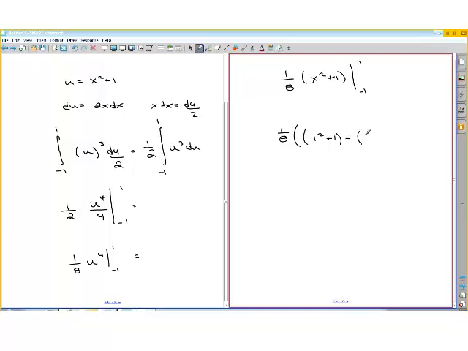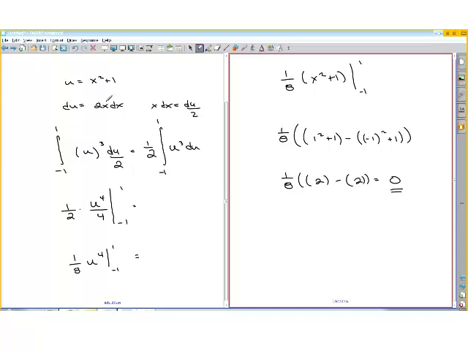And then we subtract it at the lower limit, which is negative 1 squared plus 1. 1 squared is 1, plus 1 is 2. And then we subtract off negative 1 squared, which is also positive 1, plus 1 is 2. And so you can see what happens. These cancel each other out. You actually get 0.